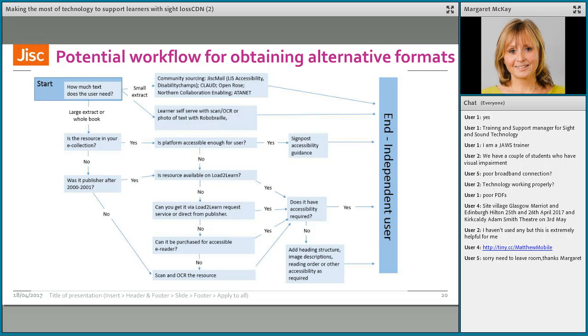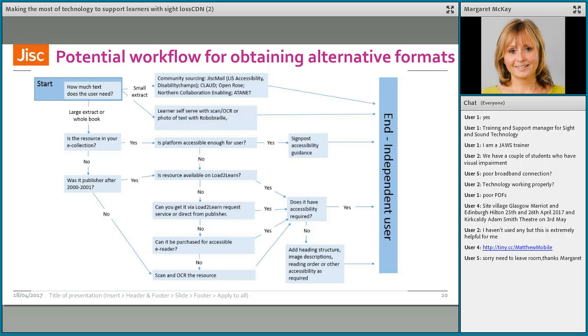They have a service where they have been involved in creating resources and adapting them into accessible formats, but they also provide a service where, if other organisations have created an alternative format, they can share their collection with RNIB Bookshare so it can be shared elsewhere.